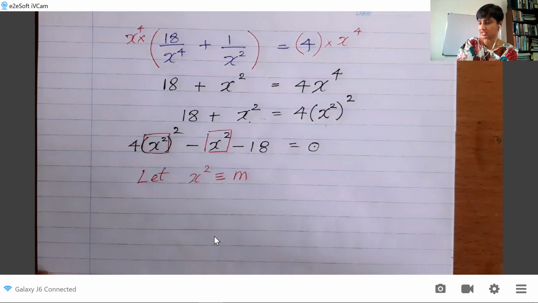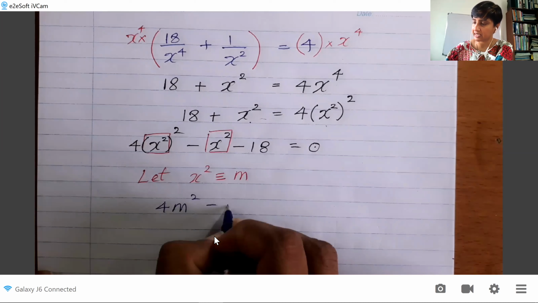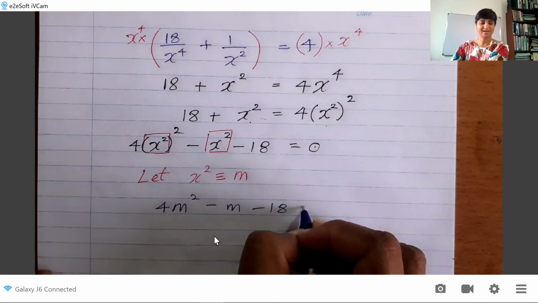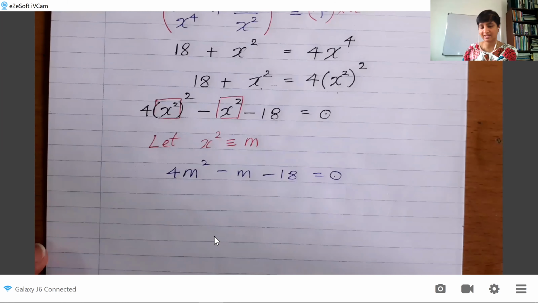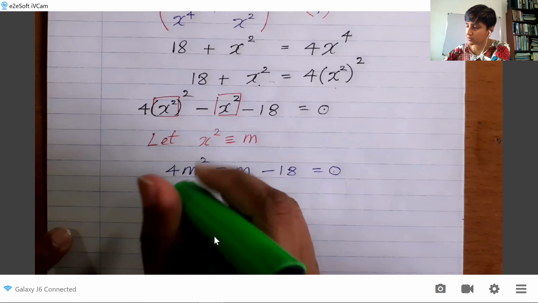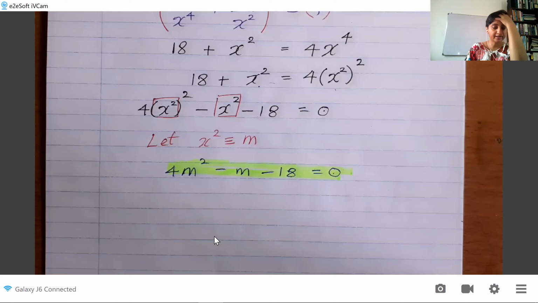So my equation turns into 4m squared minus m minus 18 equals 0. I have a very plain quadratic equation. So I have turned my equation into a quadratic equation, right?